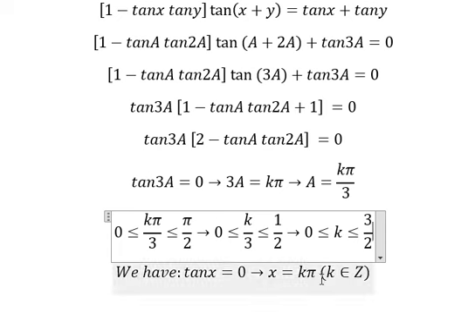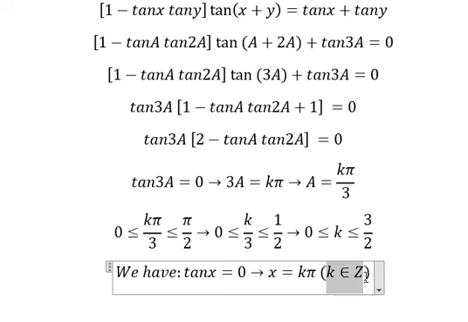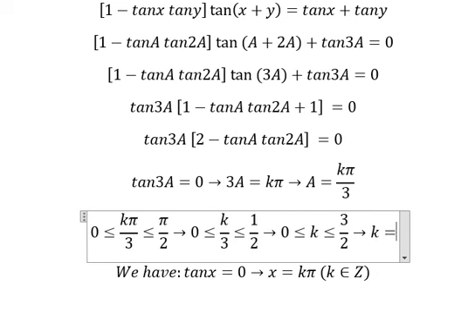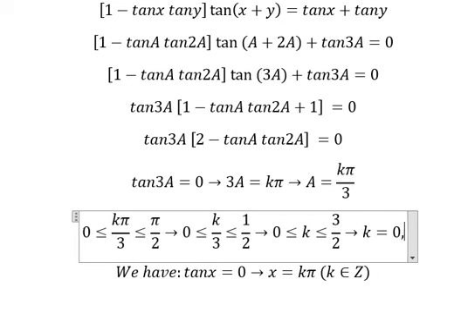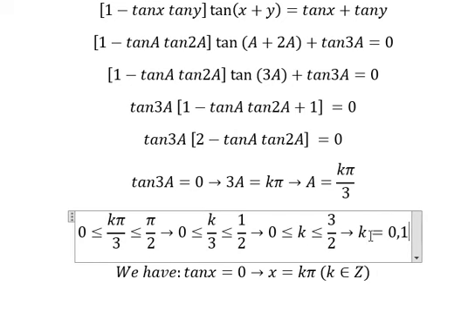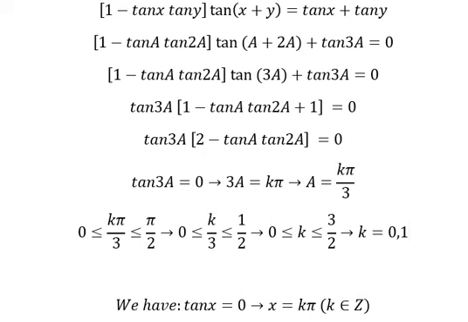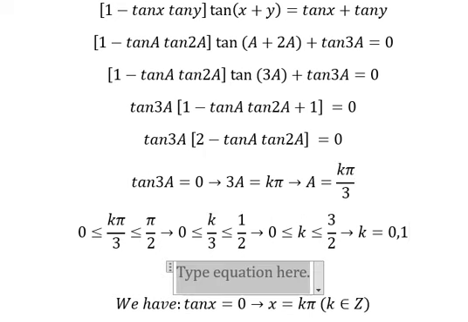So because they belong to integers in here, that means k should be about number 0, number 1. So after we got k equals to number 0 and number 1, we put back to here to find the value of θ. So we have θ equals to number 0, and θ equals to π over 3.